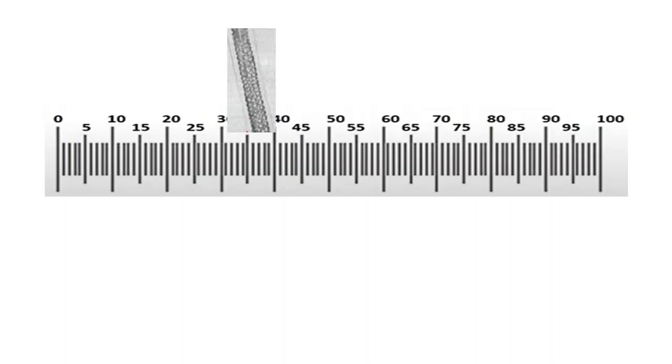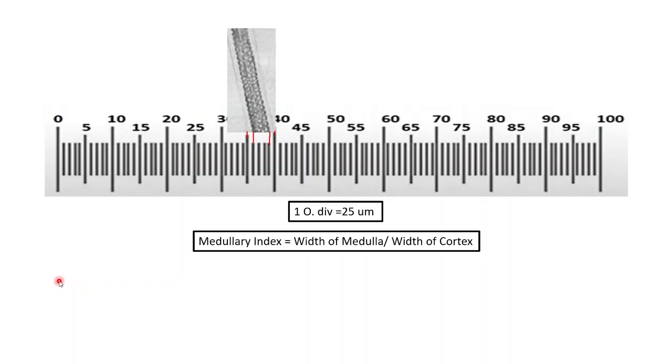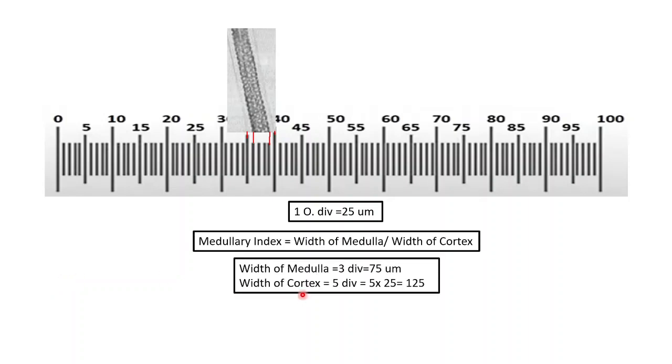Here you can see this part is the cortex, where the cortex coincides. This is the medulla part where it coincides, and it consists of these divisions. Again we have already calibrated that one division is equal to 25 micrometer, and this is the formula. Here the width of the medulla is 3 divisions, that is 75 micrometer, and width of the cortex is 5 divisions, that is 5 into 25 means 125.